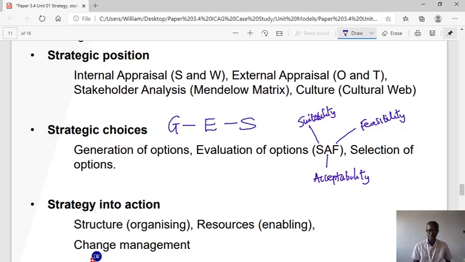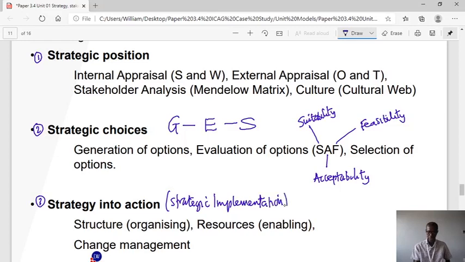Then, once you have done your strategic position, and then you have moved on to your strategic choice, you then finish with your strategy into action or strategic implementation. Strategic implementation, as we call it in the traditional approach.